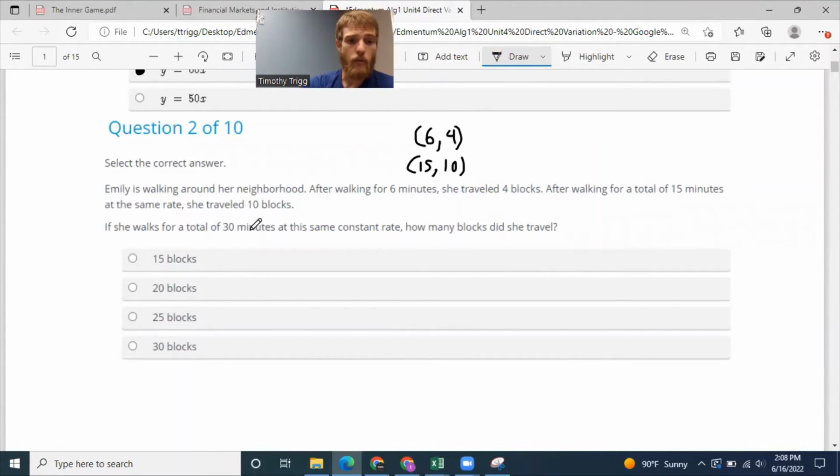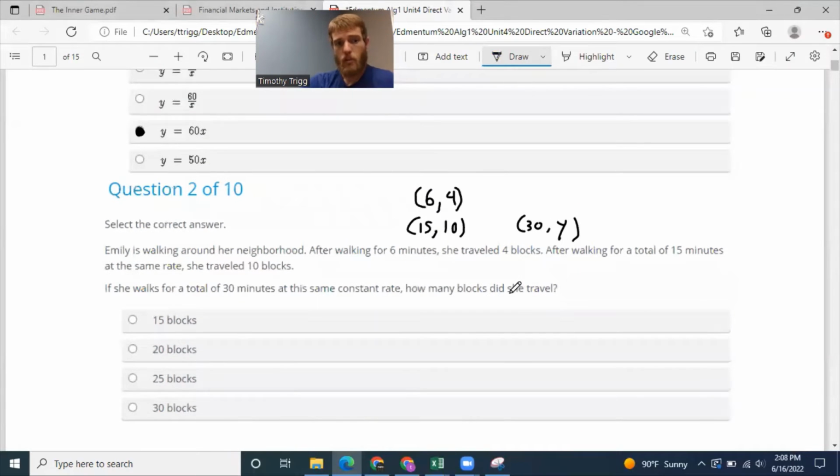But if she walks a total of 30 minutes at the same constant rate, how many blocks would she travel? So now we're trying to find 30, comma, what? I'm going to put y here. So the first thing I want to look for is my value of k. Once I know my value of k, my constant of variation, then we're able to use that value of k to help us find this y value here.